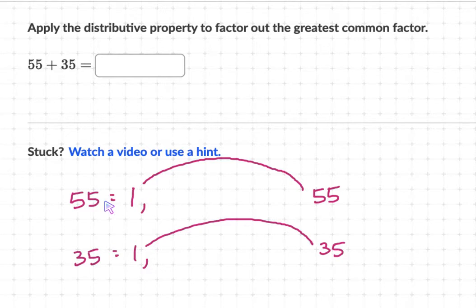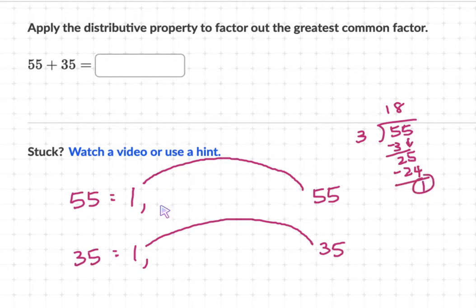2 can't go into 55. It's not even. 3, I don't believe can go in, but let me try it. 3 times 1 is 3. Subtract that, so I end up with 25, but don't quite get there. There's a remainder of 1, so 3 doesn't work. 4, I believe, doesn't work as well, but doesn't hurt to try.